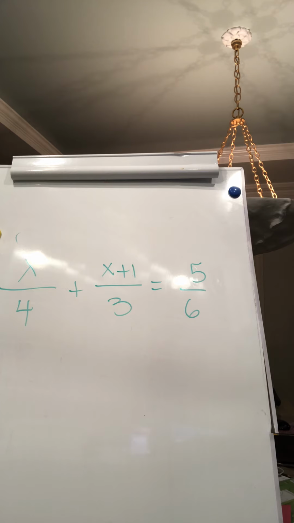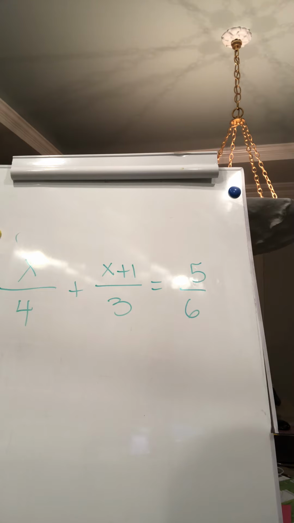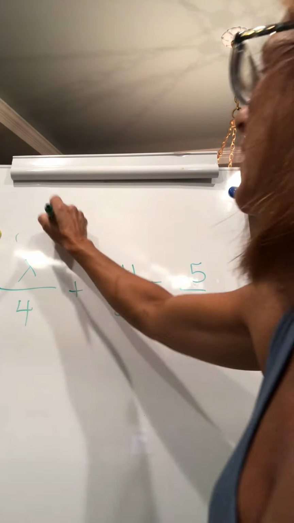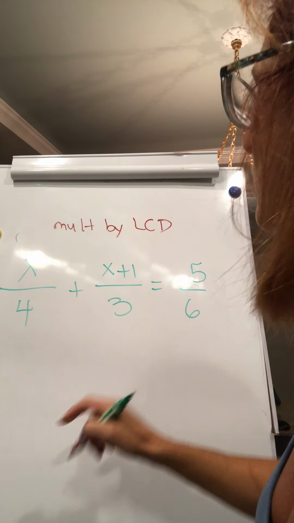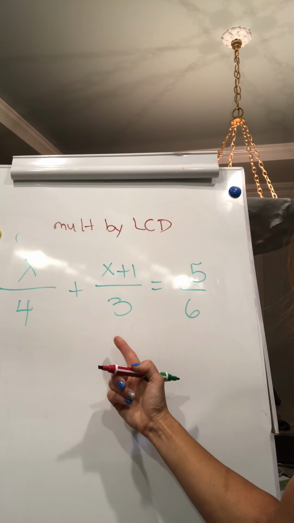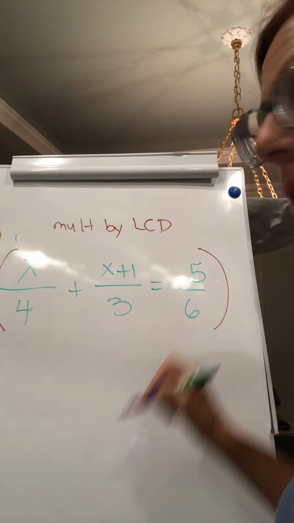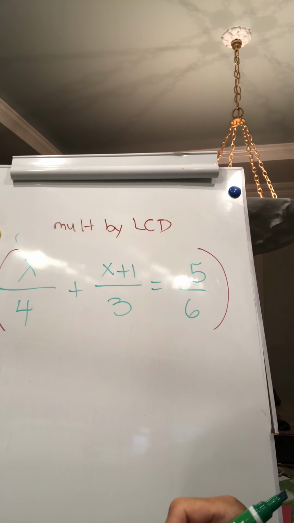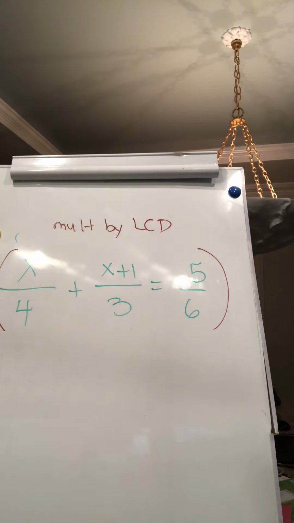One thing I could do is put everything over a common denominator, but when I'm solving problems with fractions, I like to get rid of the fractions by multiplying by the least common denominator. So the least common denominator of 4, 3, and 6 is 12. So I'm going to multiply the whole equation, both sides, by 12.